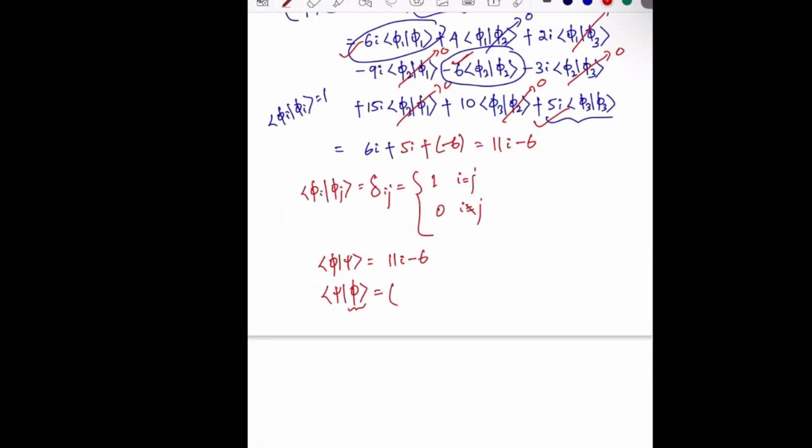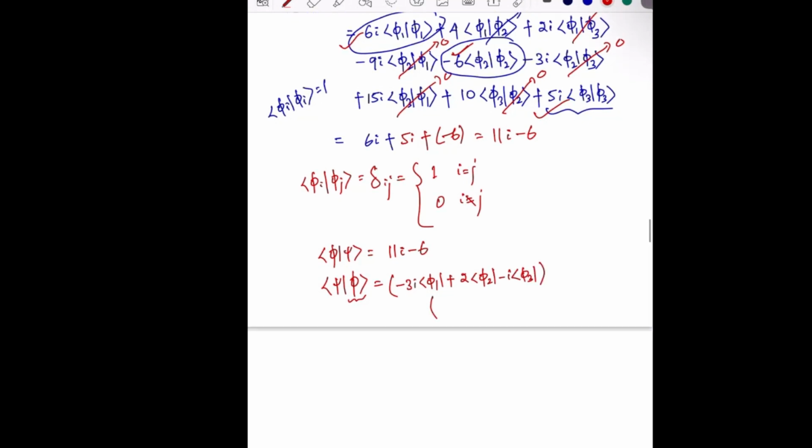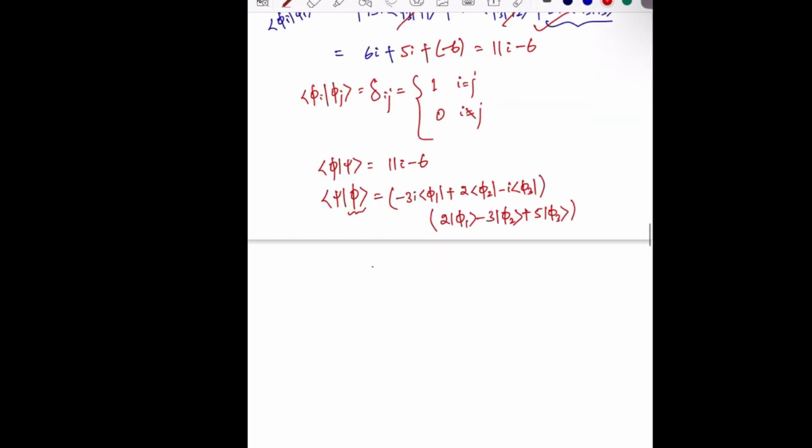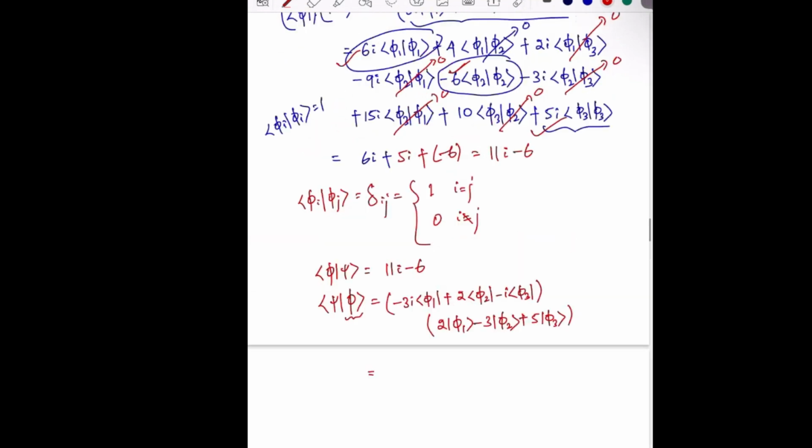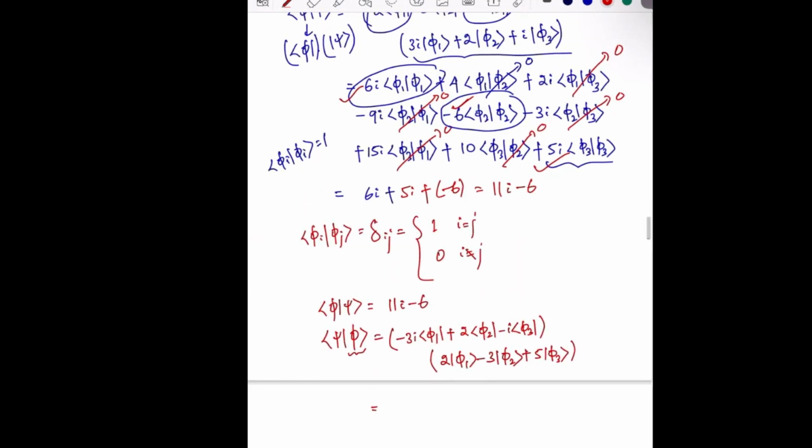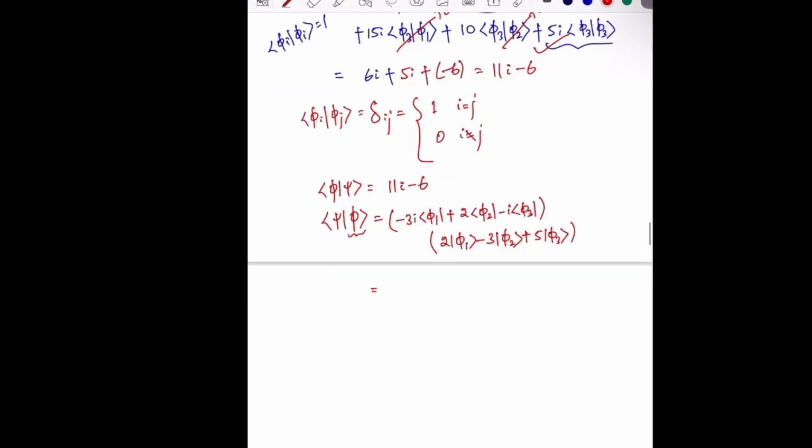If I use it, then it will come out as 3i phi 1 plus 2 phi 2 minus i phi 3, and the ket vector is 2 phi 1 minus 3 phi 2 plus 5 phi 3. Now just multiply it, and as in the previous case, the cross terms are 0, like phi 1 phi 2 is 0 and phi 1 phi 3 is 0. So you just have to take one of the terms.